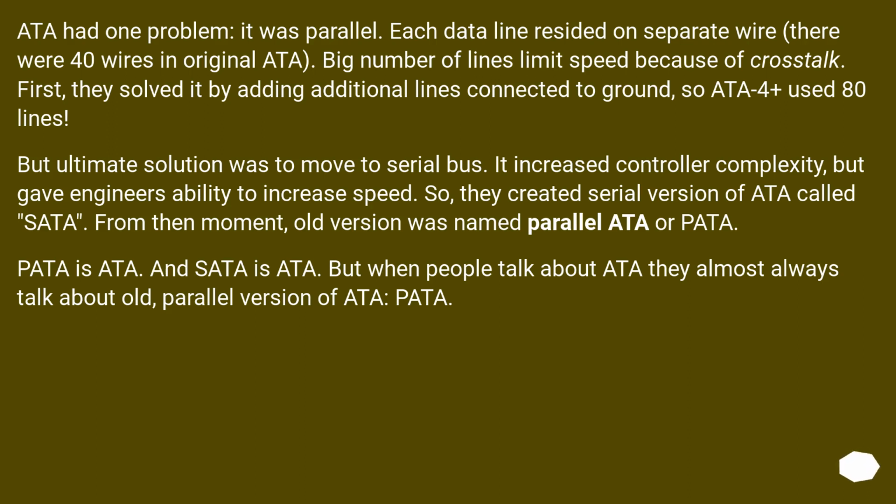It increased controller complexity, but gave engineers the ability to increase speed. So, they created a serial version of IDE called SATA. From that moment, the old version was named Parallel IDE or PATA. PATA is IDE. And SATA is IDE. But when people talk about IDE they almost always talk about the old, parallel version of IDE, PATA.